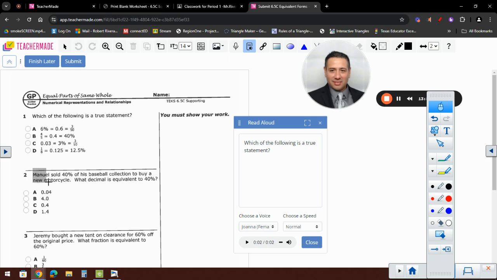You highlight. Now, if you want to go sentence by sentence, you could also just highlight the first sentence or at least part of the sentence.